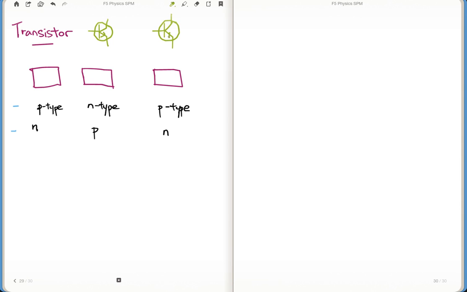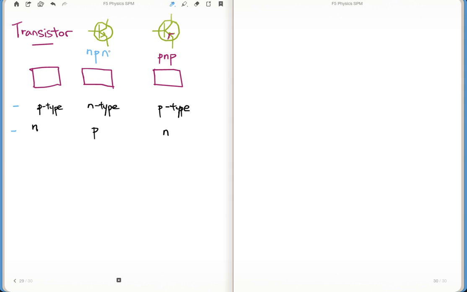The direction of the arrow represents the type. Pointing in means you plug into it, P and P, plug and play, when the arrow points into the base. Since arrow pointing in is PNP, the one that points out would be NPN.